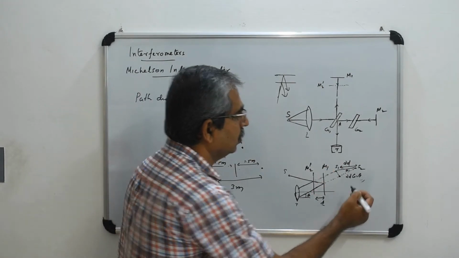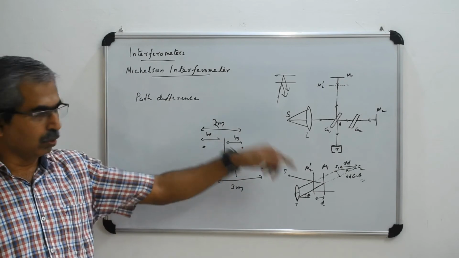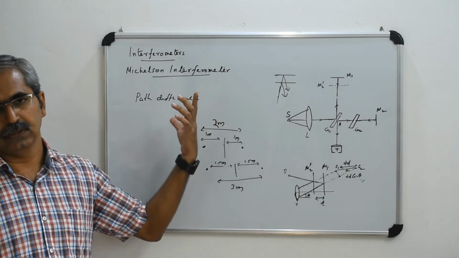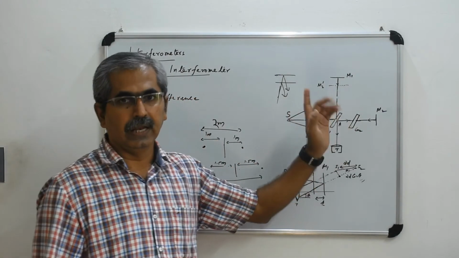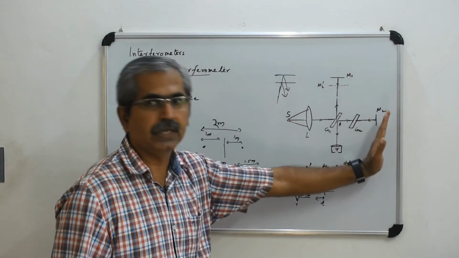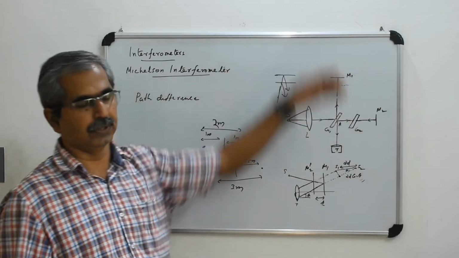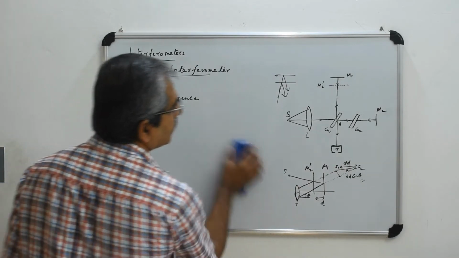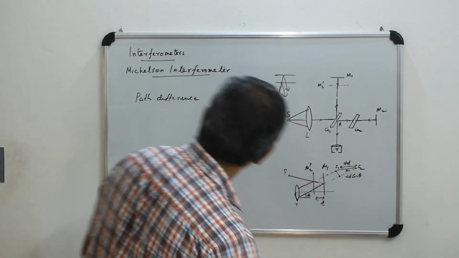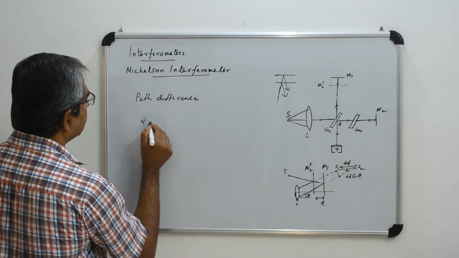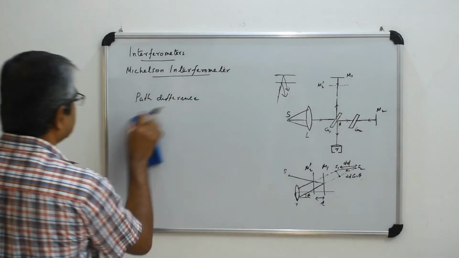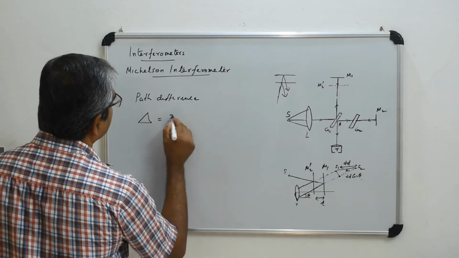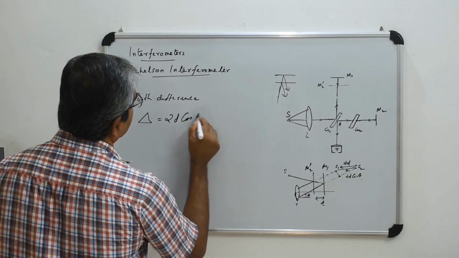That value is 2d cos theta. M2 is taken here as M2 dash. So the geometrical path difference is delta equal to 2d cos theta.